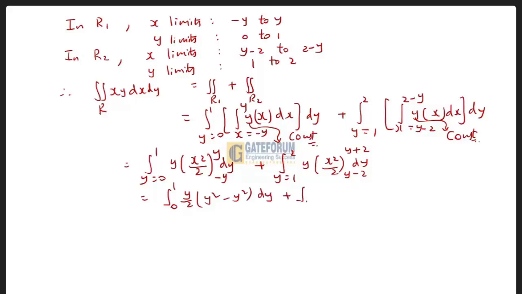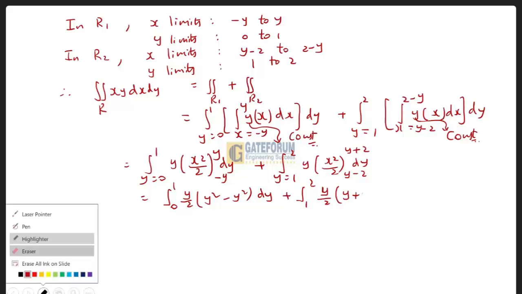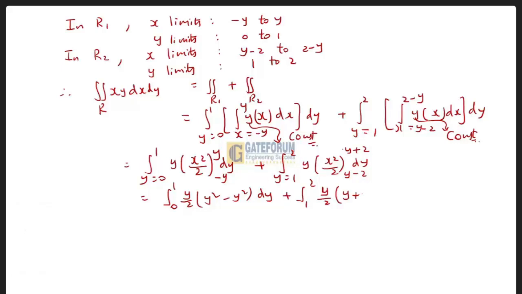For 1 to 2, y by 2 into, in place of x put the upper limit, sorry, 2 minus y, so minus (y plus 2) whole square plus (y minus 2) whole square, dy. Both simplify to 0, plus 0 is equal to 0. So the value is 0. The answer is 0. This is the end of the question.